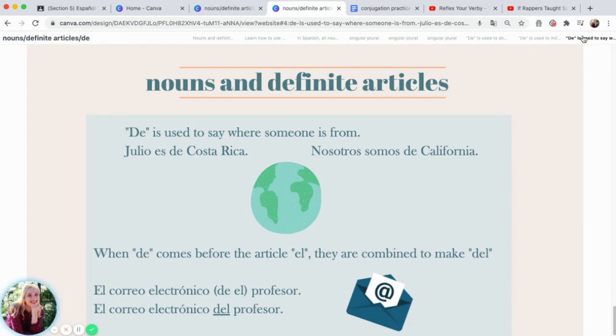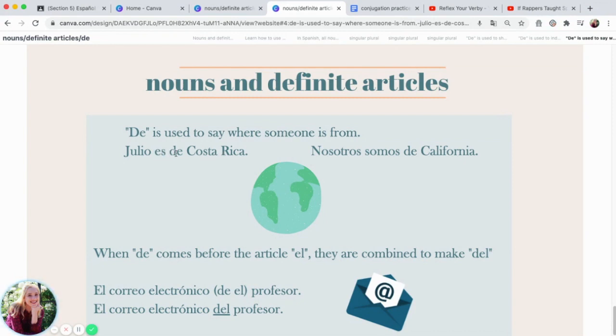Okay, so again, if I want to say I'm from California, yo soy de California. What version of ser am I using there? I'm using soy because I'm talking about myself. If we're talking about someone else, Julio es de Costa Rica. We're just talking about one person, so we're going to use es. Julio is from Costa Rica.